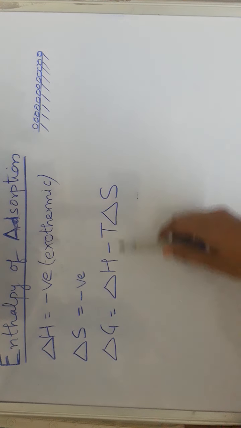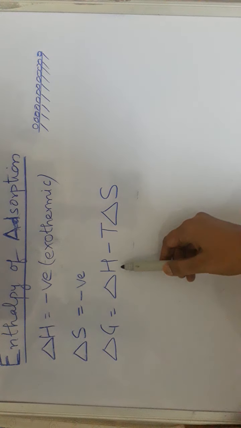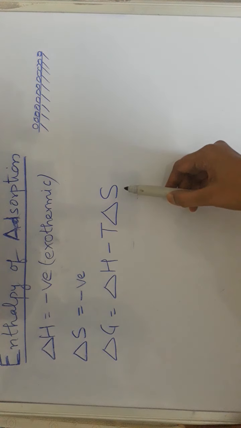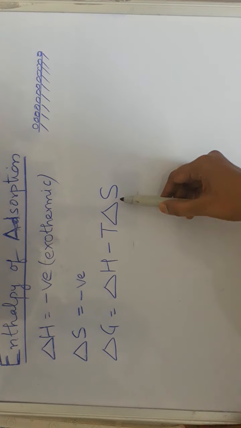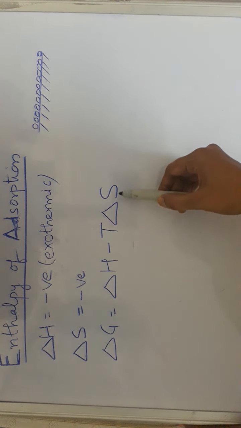So what will make delta G negative, or what will make adsorption spontaneous in nature? Both being negative, the temperature condition according to the Gibbs-Helmholtz equation should be such that there is more extent of adsorption.